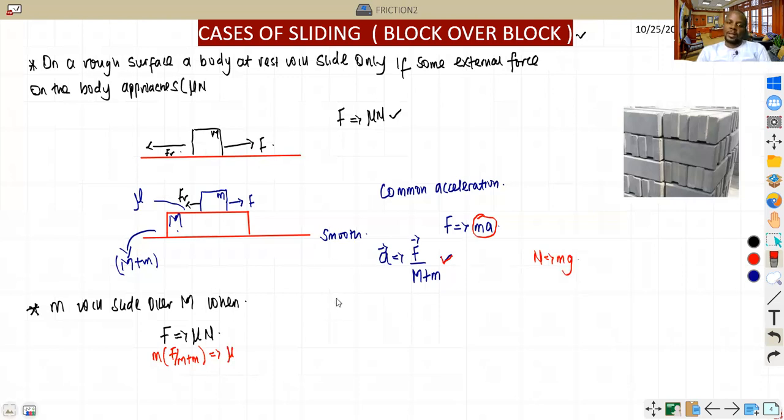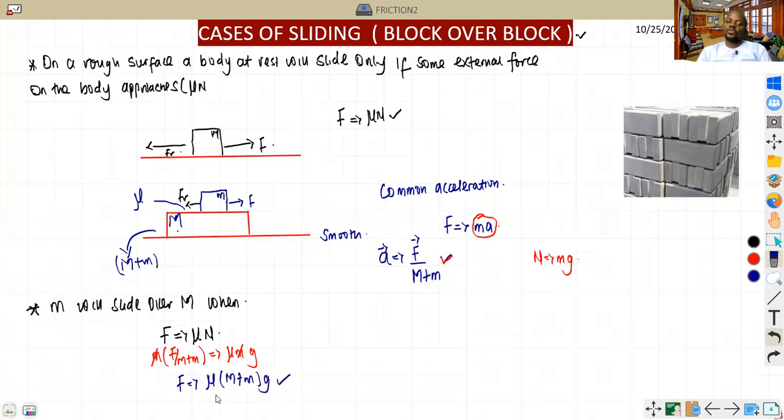I hope you still remember that. So mu mg. What happened, my dear students? Small m gets cancelled out. And here, if you make F the subject of the formula, I'm not going to waste your time, you cross multiply. F equals mu, open bracket, capital M plus small m, close bracket, g.